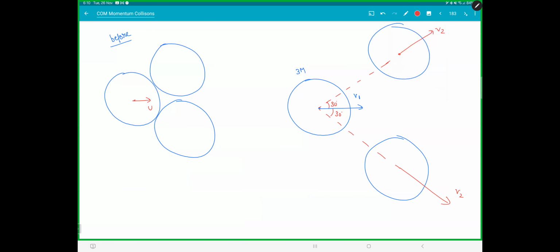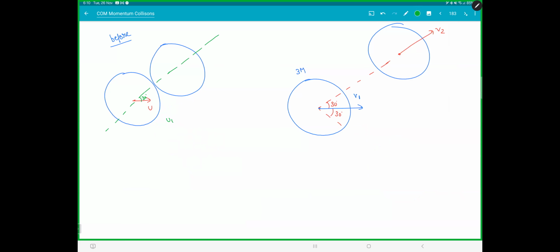This guy is going with u. You can choose any two bodies. I will just choose the upper two because the bottom two are symmetrical. This is your normal. This is 30 degrees. So here U1 is u cos 30. u2 is 0. So you should take velocities along the normal.